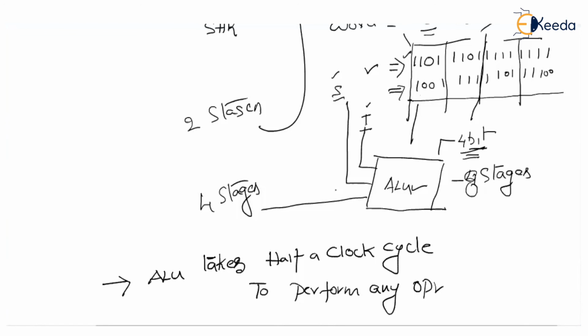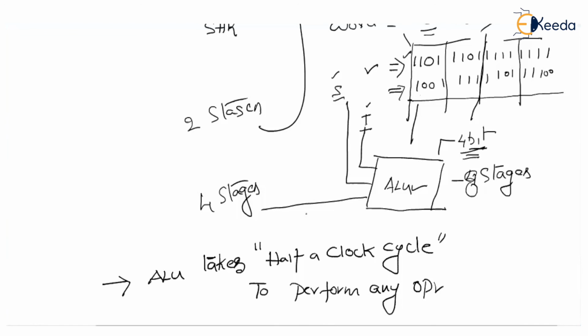No matter what is the size of the ALU, no matter how many stages are there, no matter how many phases your number should be divided into, the simple thing is, in order to perform this operation 16-bit to 16-bit, the maximum time that ALU is going to take is half a clock cycle. That is it. So ALU is really such a fast device in the computer system, which takes a maximum of half a clock cycle for performing any operation.